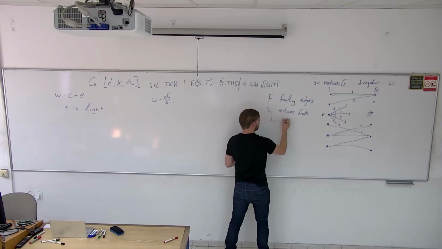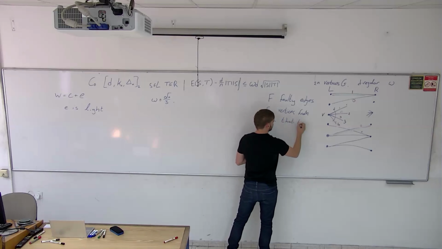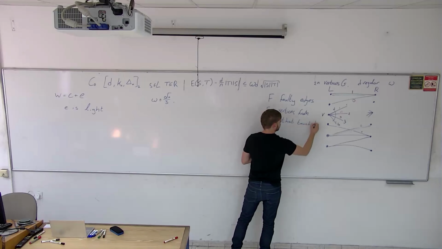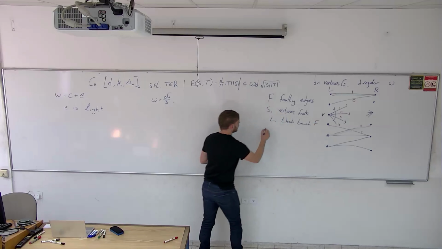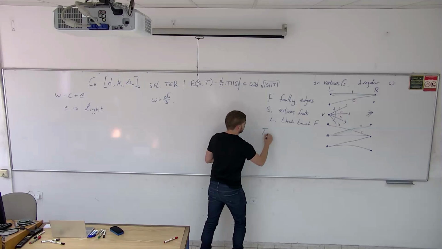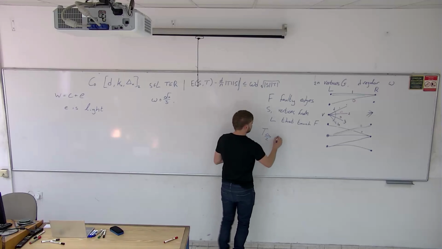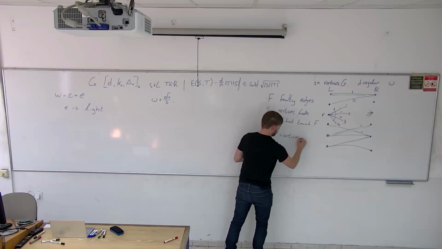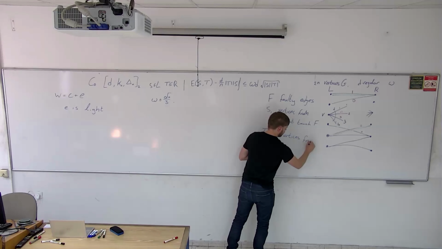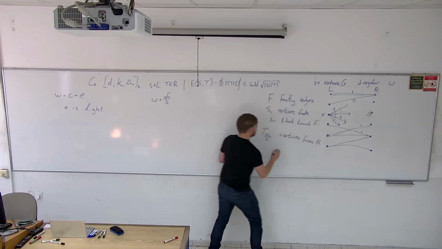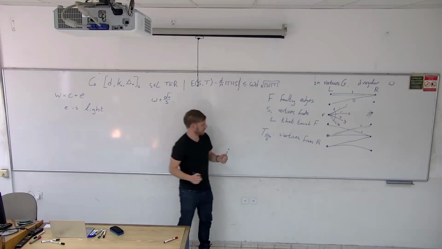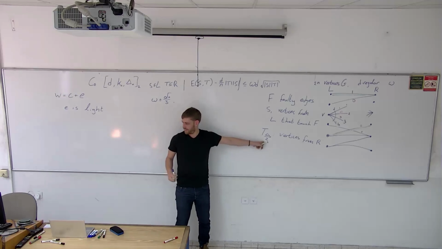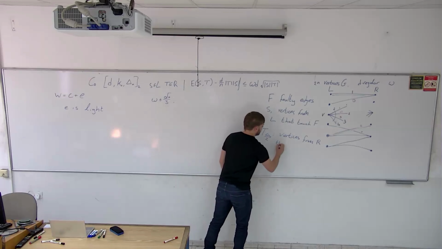And define T: vertices on R that touch at least delta over 2 of them.